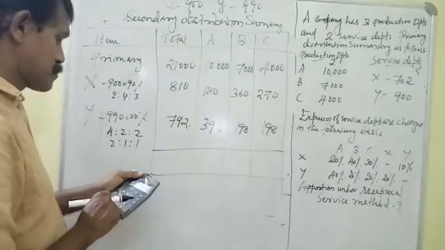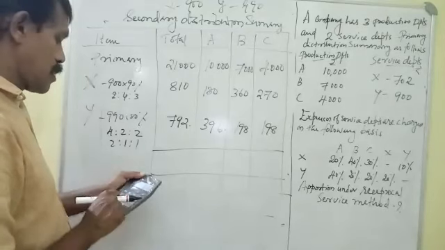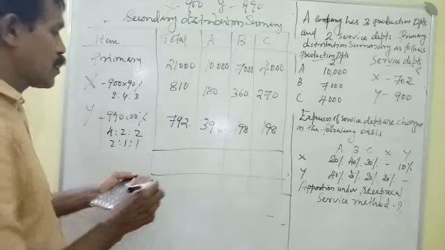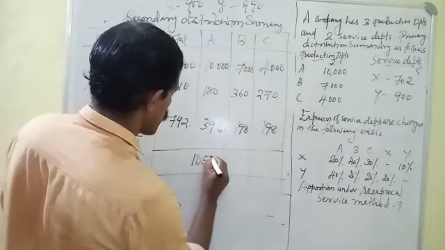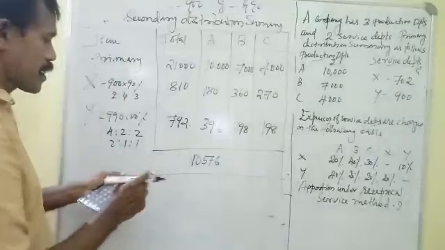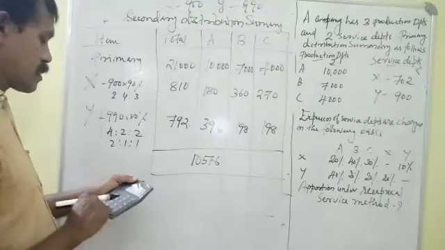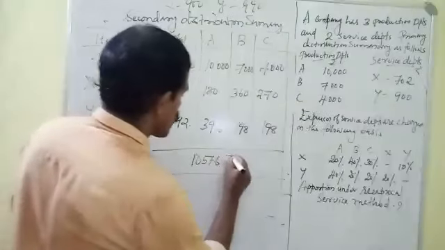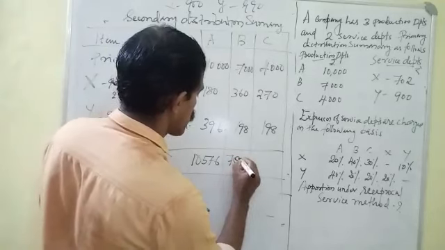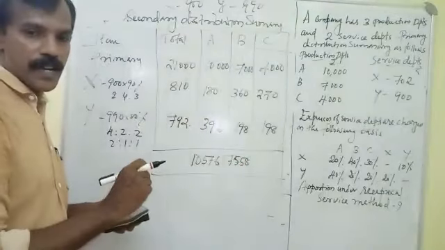Then we take the total of these columns. For A, 10,000 plus 180 plus 396 is equal to 10,576. For B, 7,000 plus 360 plus 198 is equal to 7,558.